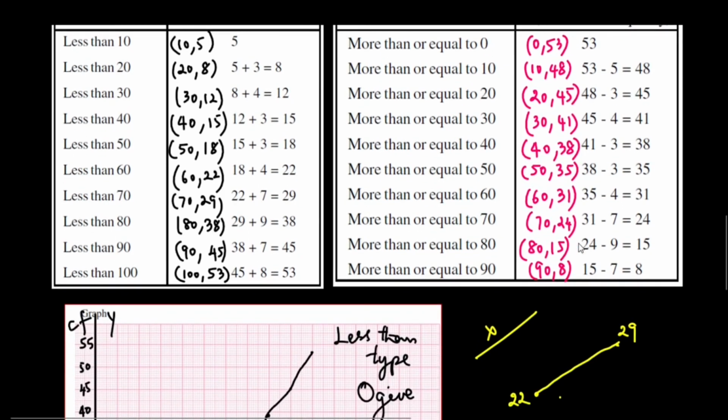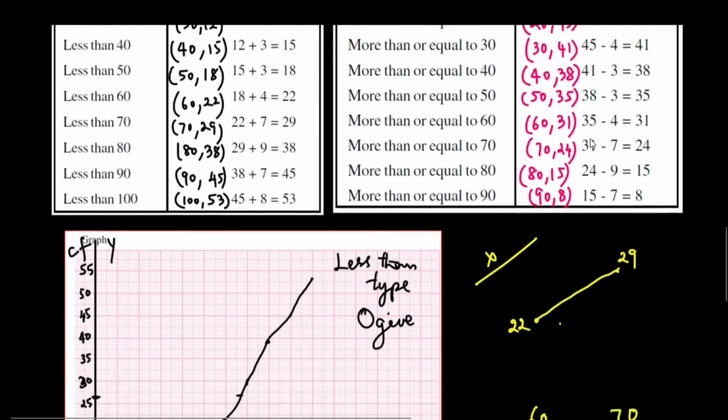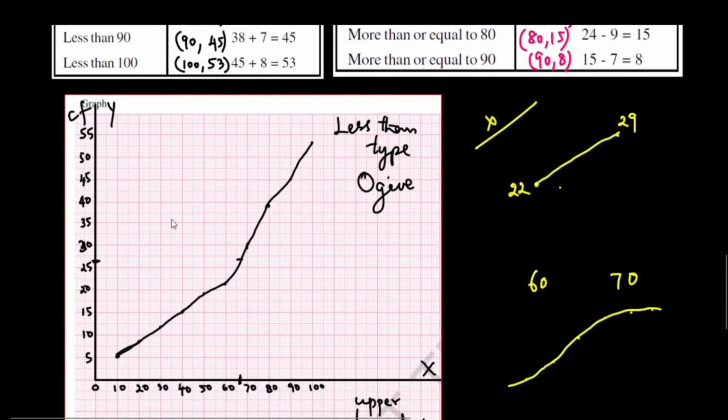Now let us locate 0, 53. Let us say this is 53.